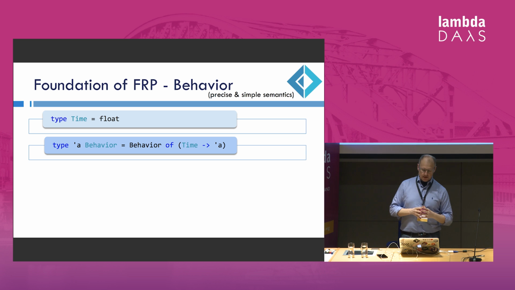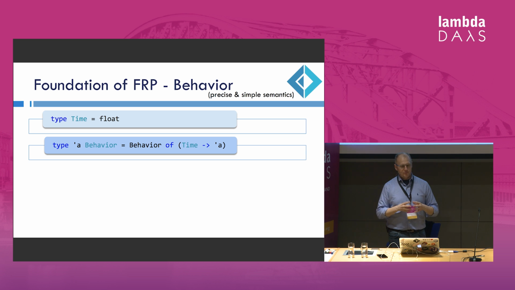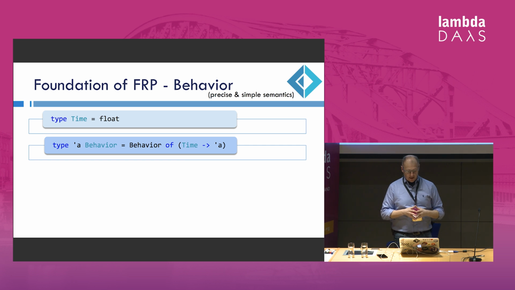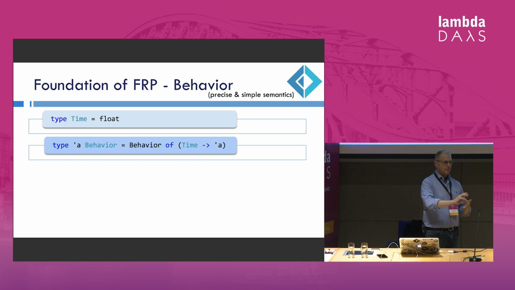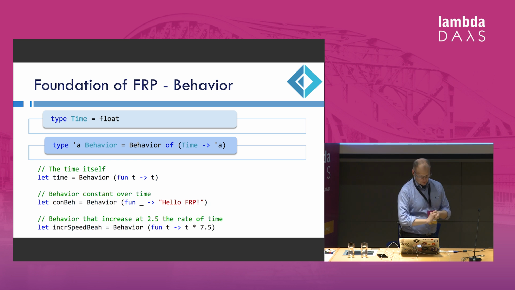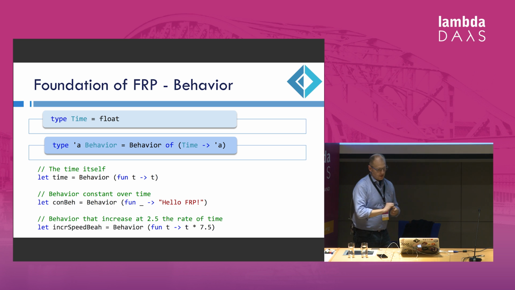Behavior is a polymorphic data type which evolves over time, which means that at every single time you get a different value. So semantically, behavior is just a function from time to value. And as I mentioned, like the mouse movement, the motion is continuous. We have an example later.